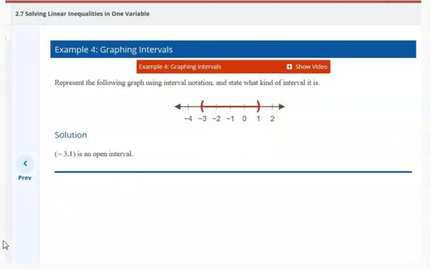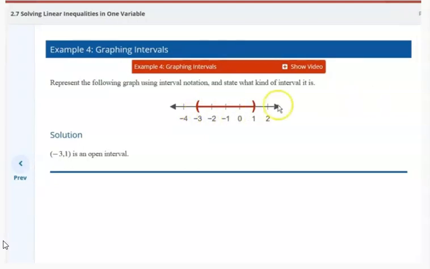For example 4 in your notes, again, you're going to make a number line and a parenthesis at -3, a parenthesis at 1. Putting this in algebra, we would have x in the middle, and x is greater than -3.